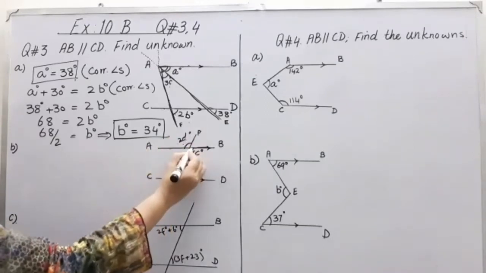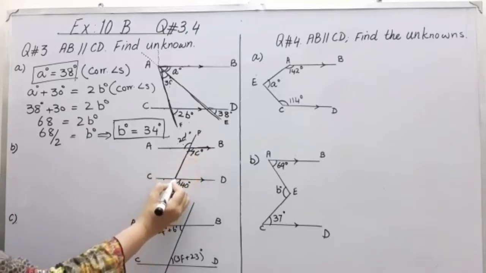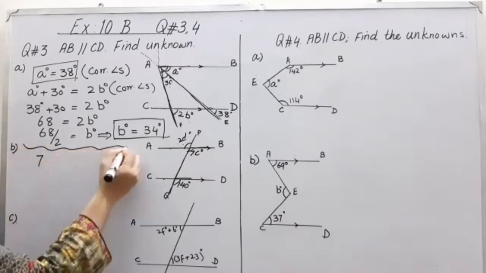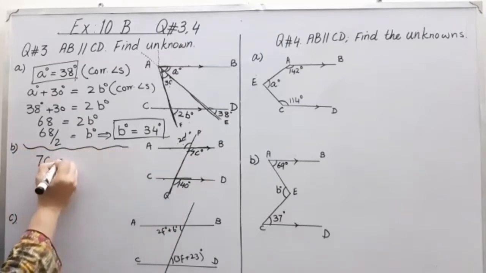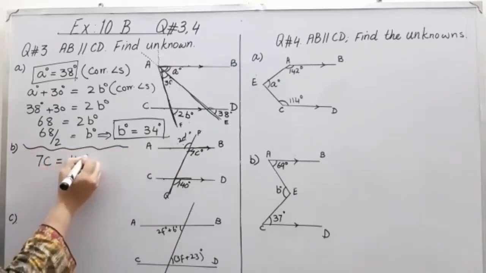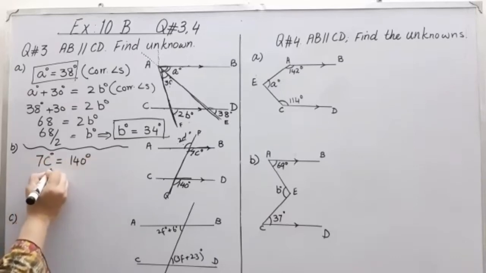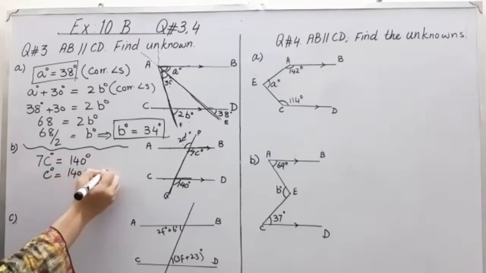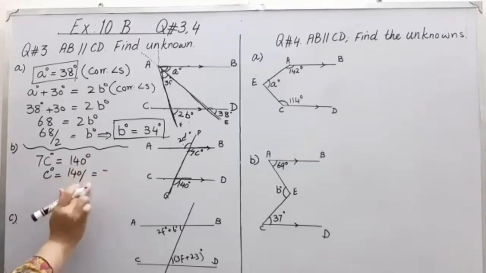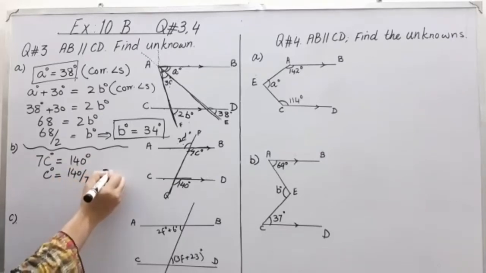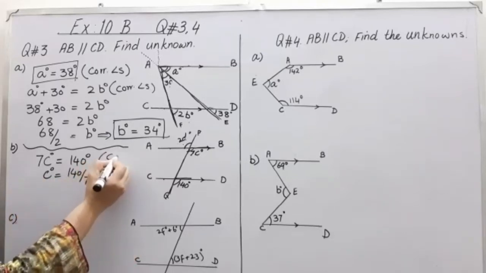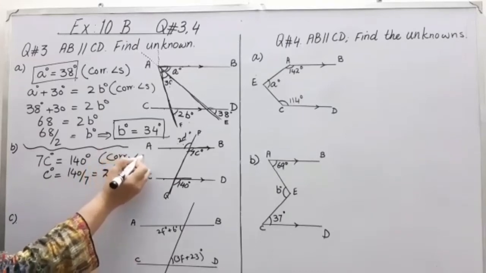Now 7C. You see F is here. 7C is equal to 140. So C is equal to 140 divided by 7, which is 20. C is 20. Now they are corresponding angles.